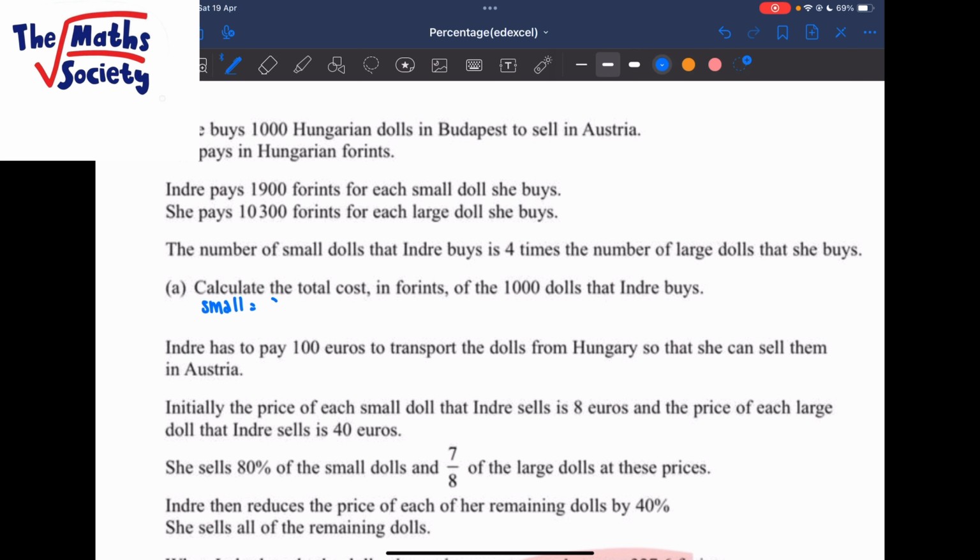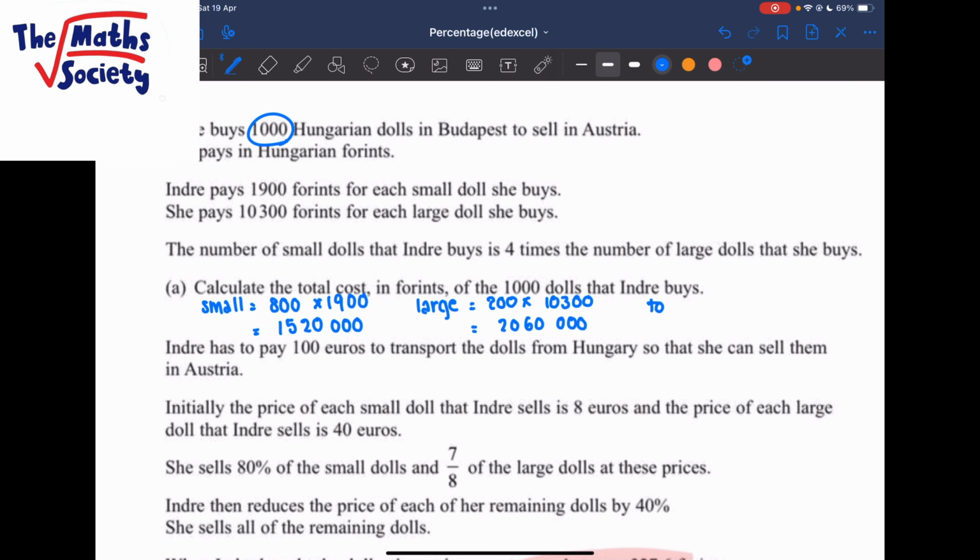It's 800 of 1,000, right? So it would be 800 multiplied by 1,900, because she paid 1,900 forints. So that's 1,520,000. And for the large, she bought 200, multiplied by 10,300. That will give an answer of 2,060,000.